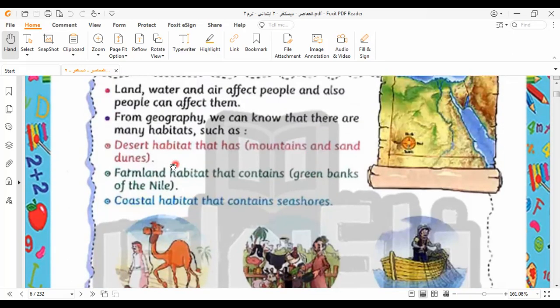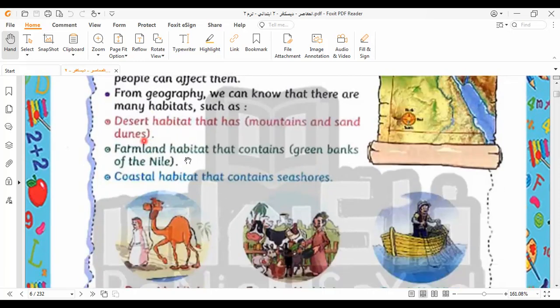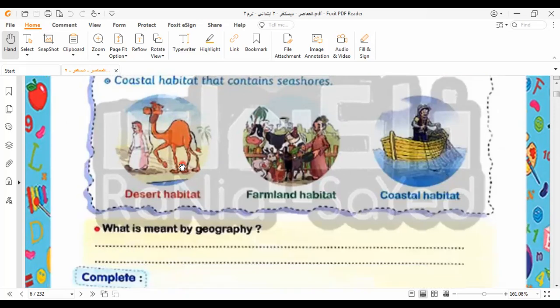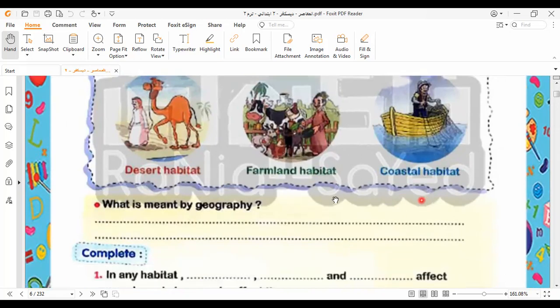I will repeat it again. The desert habitat has mountains and sand dunes. Farmland habitat contains green banks of the Nile. Coastal habitat contains seashores. We have desert habitat, farmland habitat, coastal habitat.